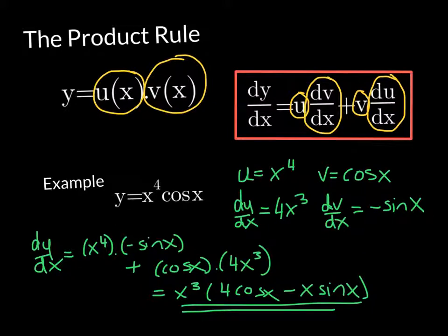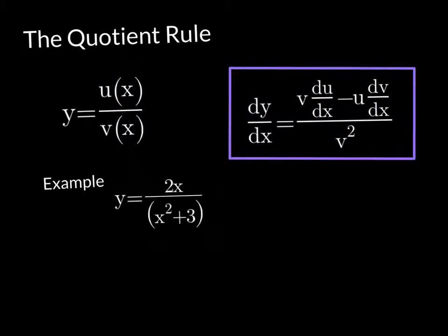Okay, so that is the product rule. Finally, let's look at the quotient rule. So we use the quotient rule when we're trying to differentiate an expression which is made up of one function of x divided by another function of x. So here we have y is equal to one function of x, u, divided by another function of x, v.